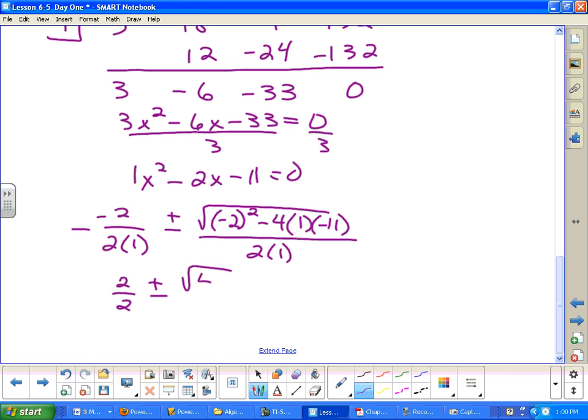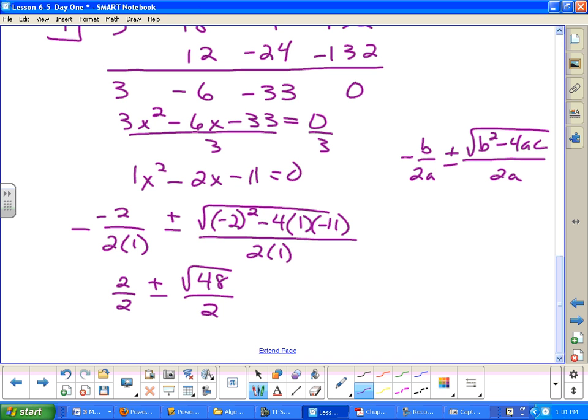So the square root of 48 over 2. Okay, that's the way I do it. I pull them apart.